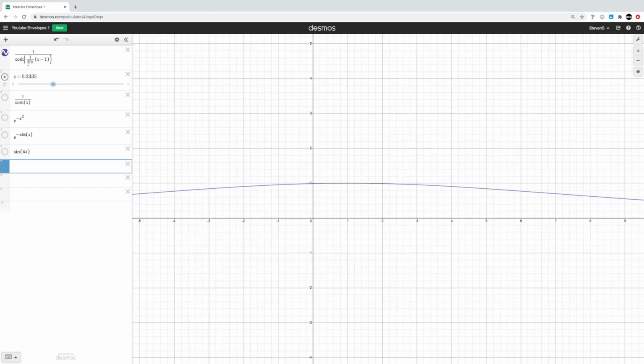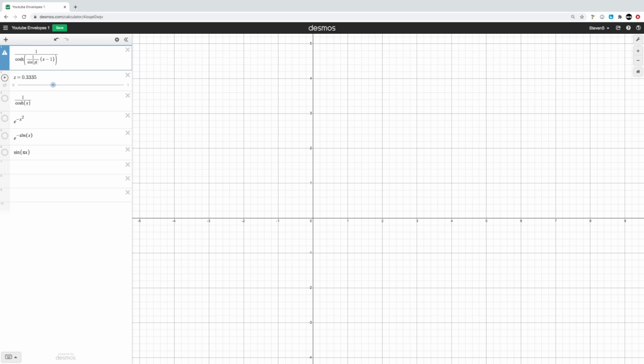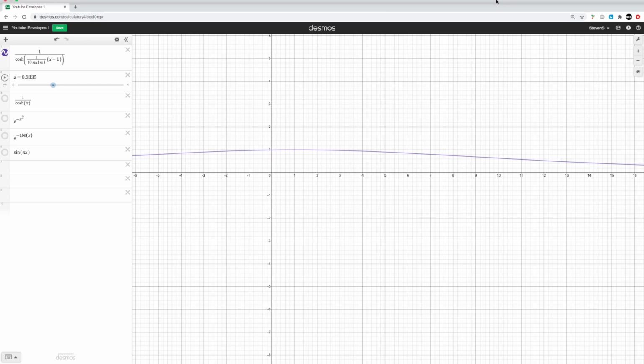Just so, I'm going to do it here really quick. Instead of z, we're going to put sine right here, pi times z, and we're going to put it under there. And then we're going to do 10.